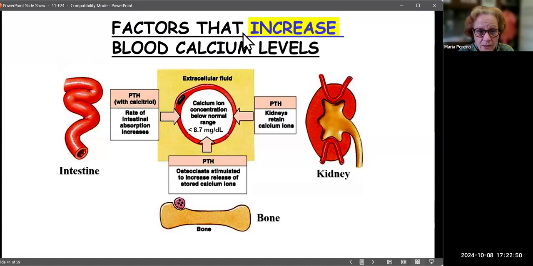If the blood calcium level is low and you want to increase it, the PTH acts at the kidney to prevent it from excreting calcium. It acts on the bone to increase osteoclast activity so that more calcium is released from the bone into the blood. PTH and vitamin D also increase absorption of calcium from the intestine into the blood.